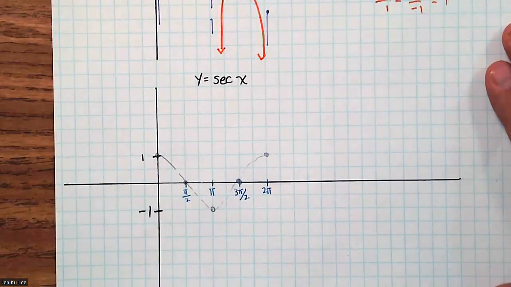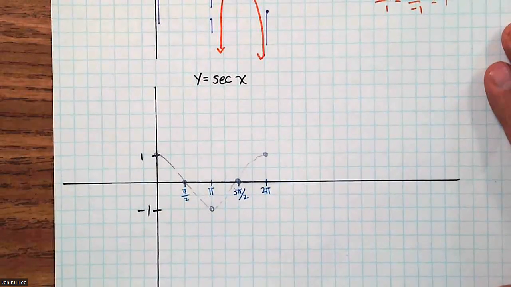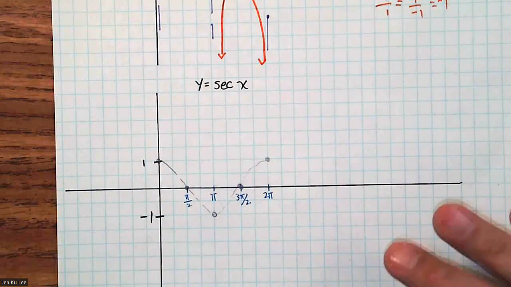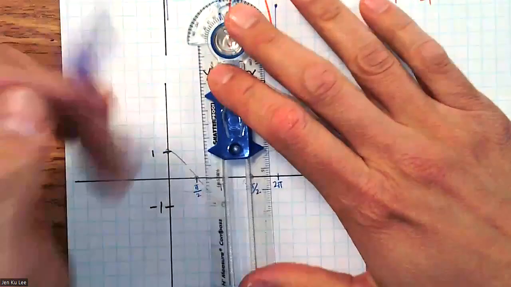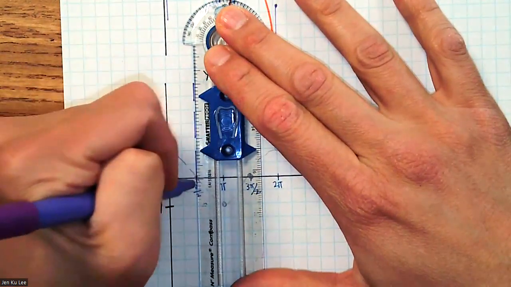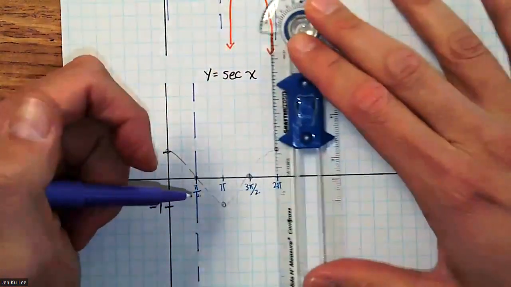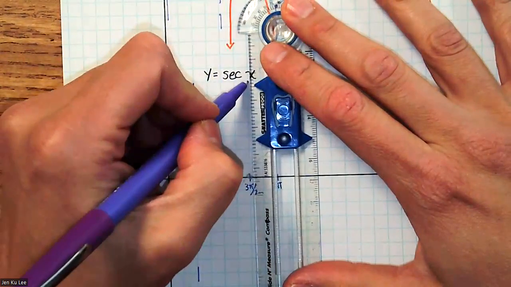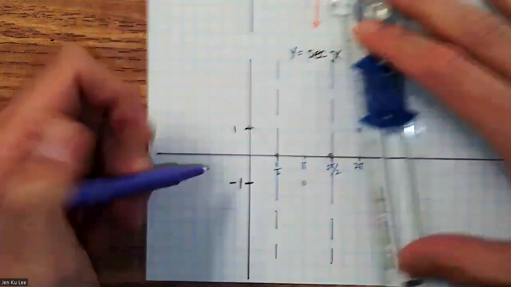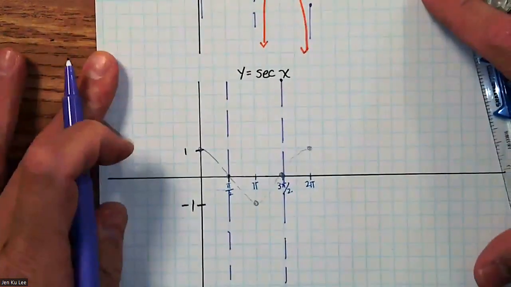Right? And again, the reciprocal of 0 is undefined. So whenever cosine is 0, I'm going to put up a vertical asymptote. Cosine is 0, put up a vertical asymptote. Okay?